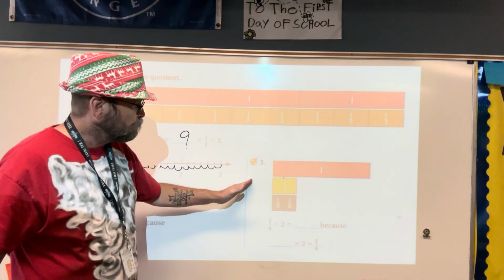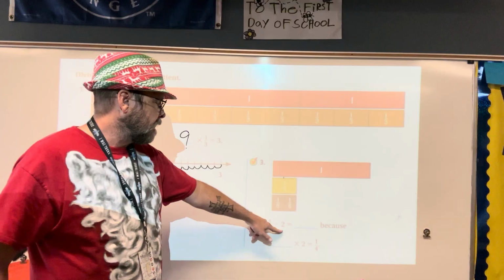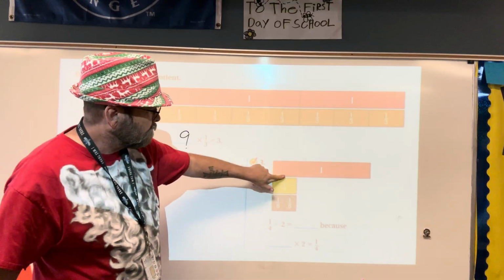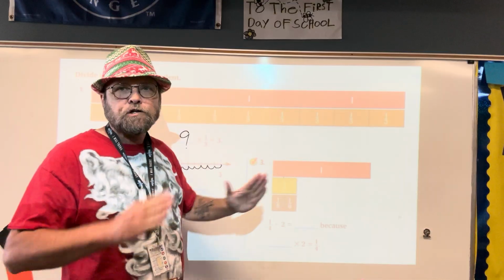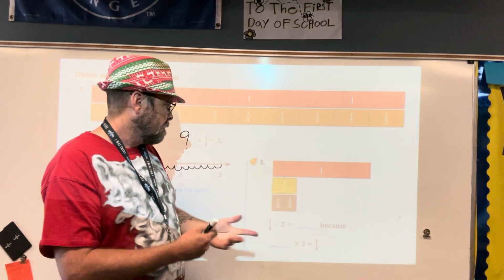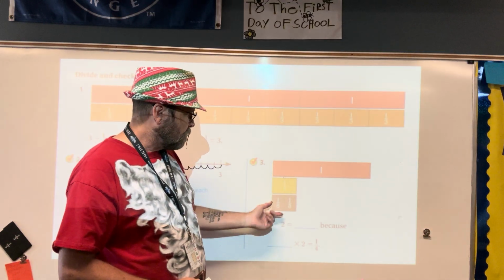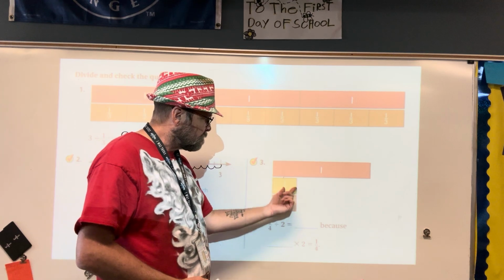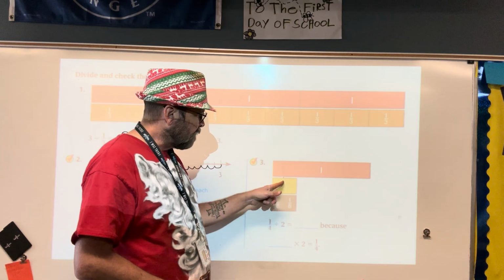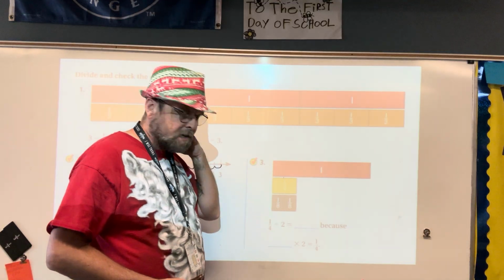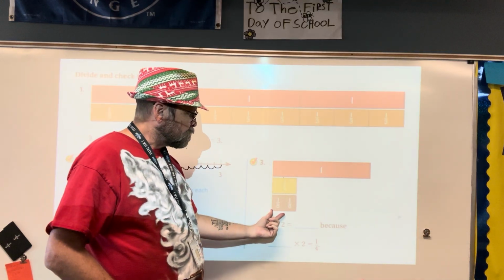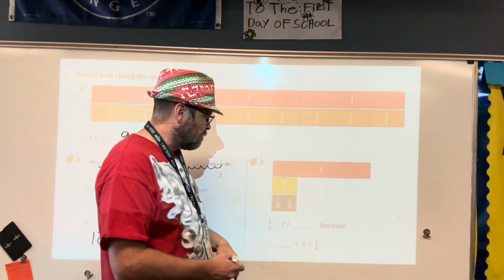Let's look at this one. 1/4 divided by 2. Well, here's my fourth. I'm cutting this 1/4 piece into 2 equal pieces. So 1/4 divided by 2, each one of these is one of the equal pieces. So if I have 1/4 of a pizza left and I have to share it with somebody, each of us is going to get 1/8 of a piece.